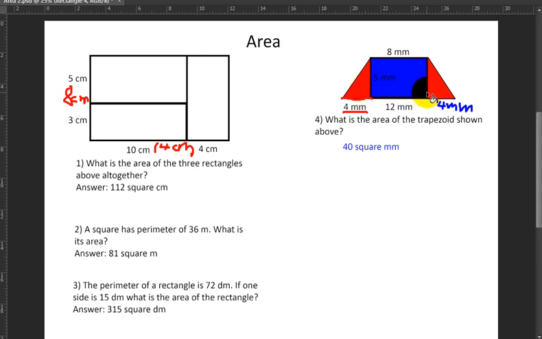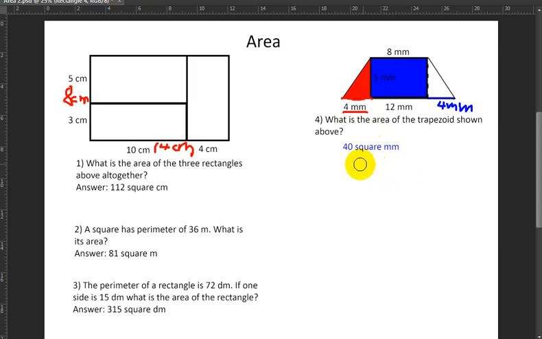Well, let's just color it in. So there we go. I want that area, the red, okay? And we know that this side is 5 and that this side is 4.